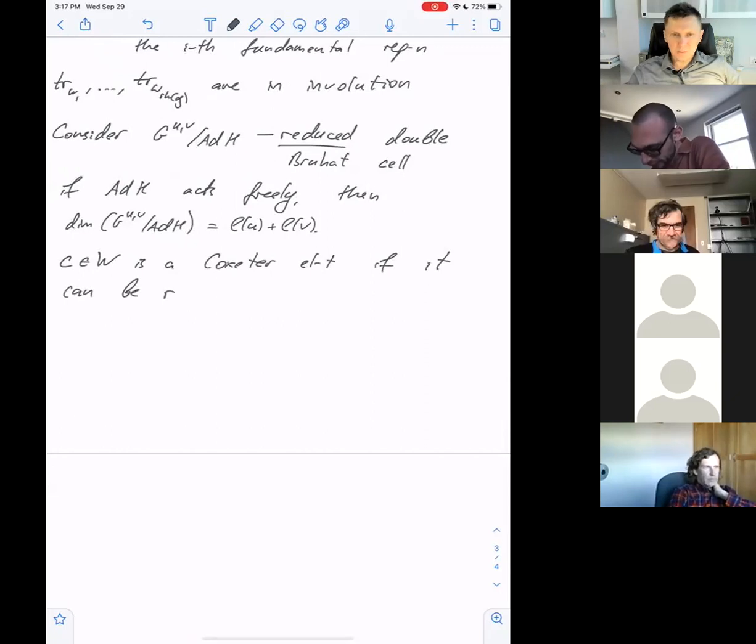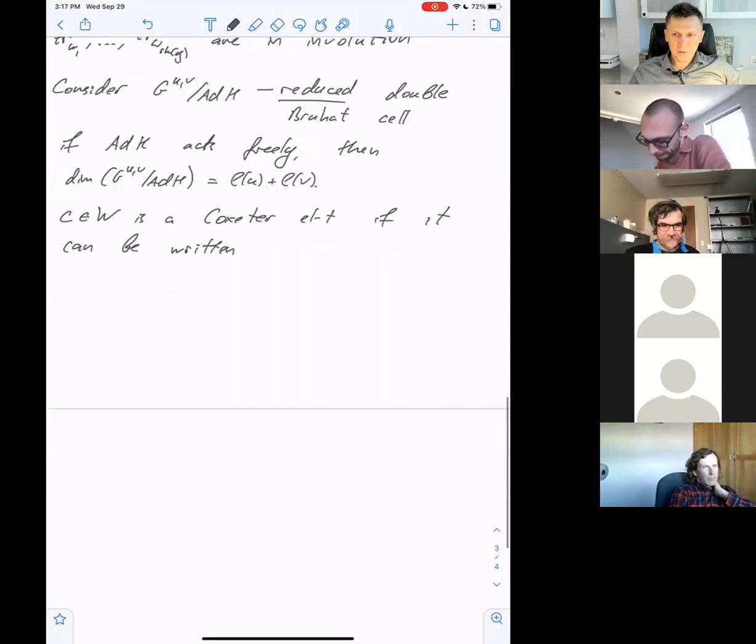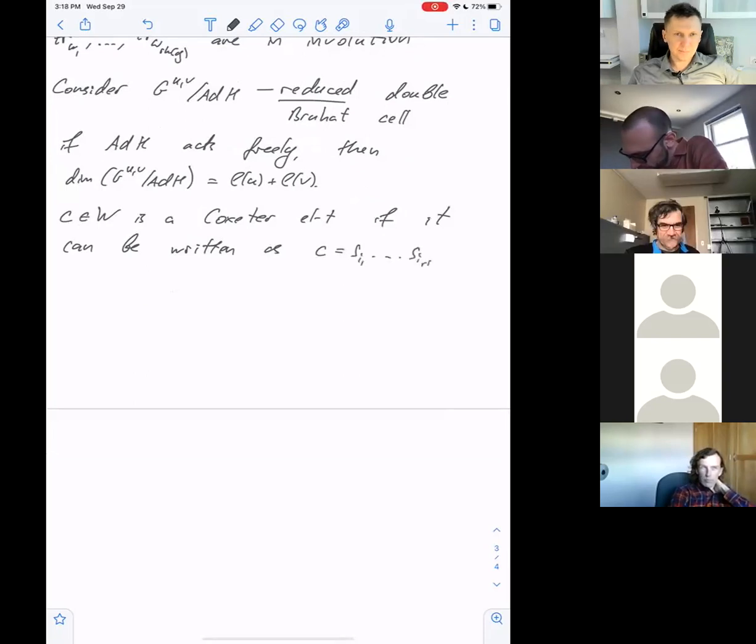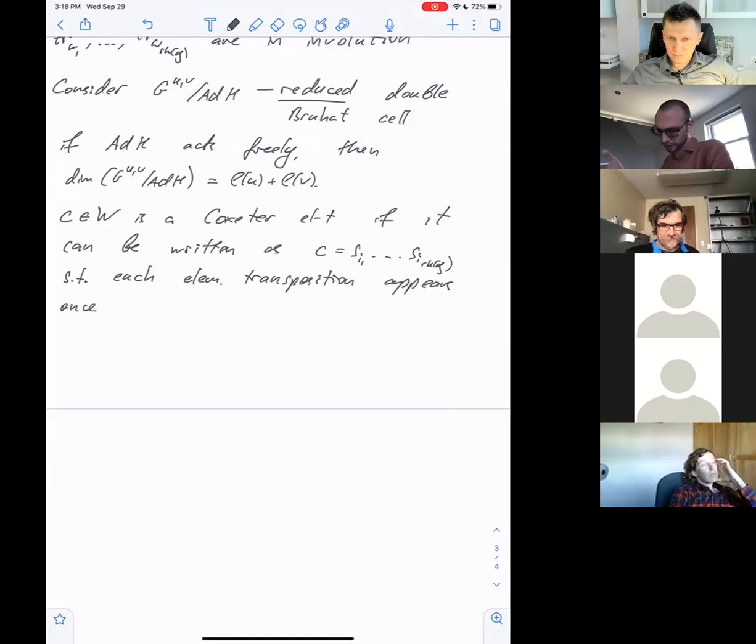Clearly any element of the Weyl group can be written as a product of elementary transpositions. If I can write c as s_{i_1} ... s_{i_rank G}, such that each elementary transposition appears exactly once, then that's what's called a Coxeter element.